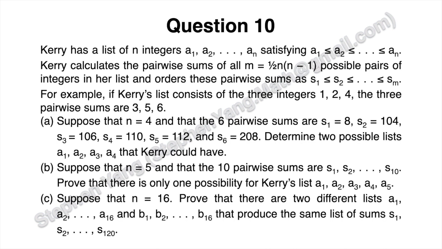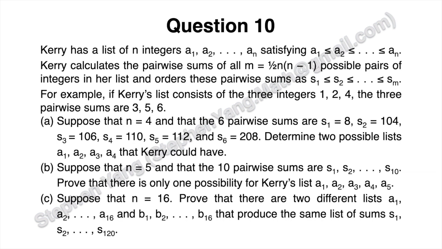Carrie calculates the pairwise sums of all m equals a half times n times (n minus 1) possible pairs of integers in her list, and orders these pairwise sums as s1 less than or equal to s2 less than or equal to and so on, up to sm. For example, if Carrie's list consists of three integers 1, 2, and 4, the three pairwise sums are 3, 5, and 6.